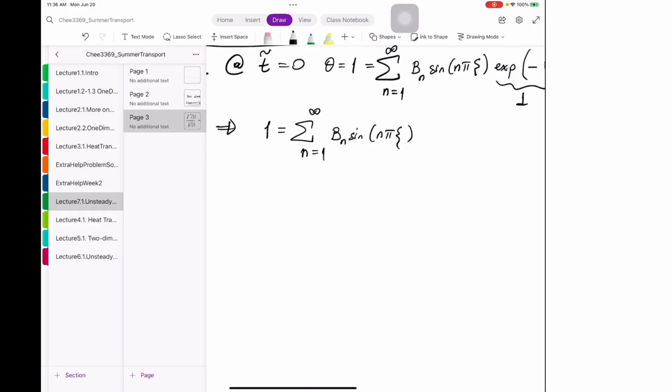Now, how are we going to find the Bn's? Any suggestion?